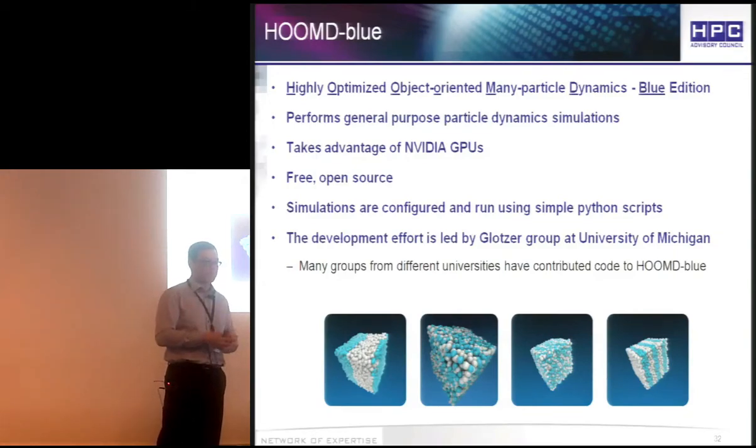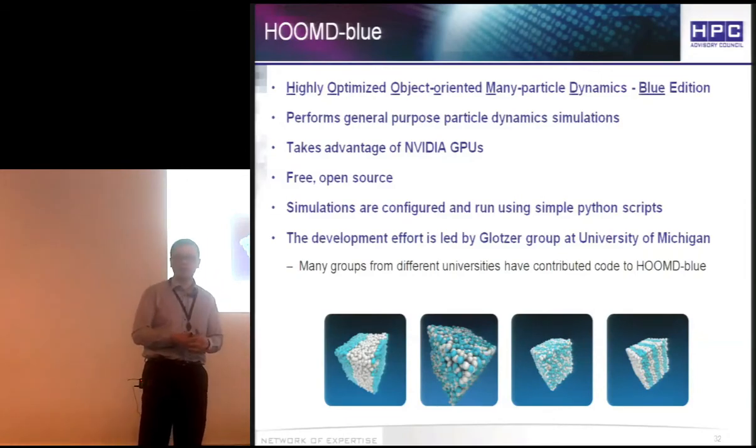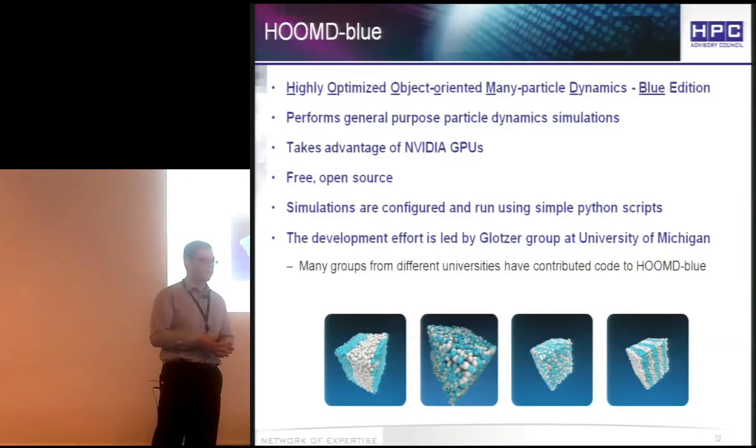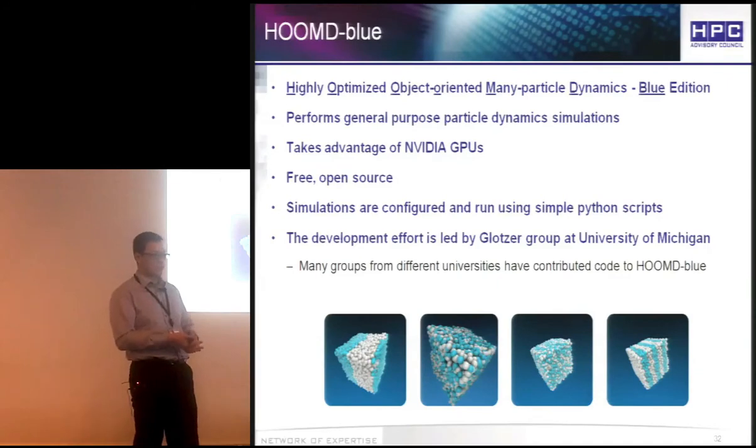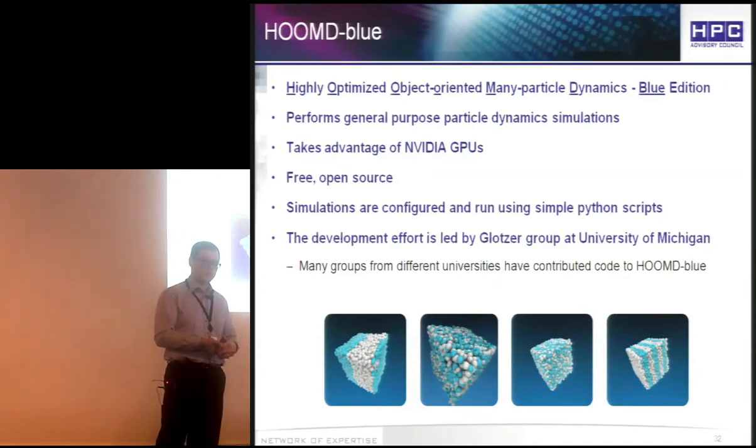It is a complete rewrite of the existing code for NVIDIA GPUs. I recently worked with the HOOMD-blue developers on running it on the GPUs to demonstrate it and also to find the best way of running it on the GPU cluster. I'm going to share that with you on the subsequent slides. It's free open source code, and you can just download and run it.